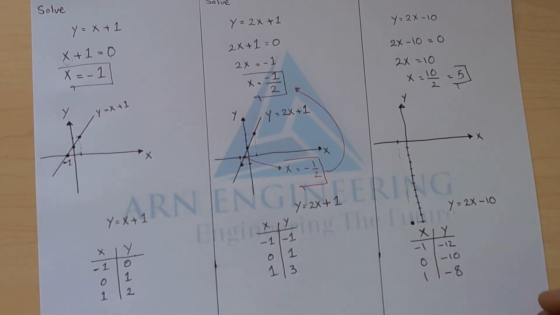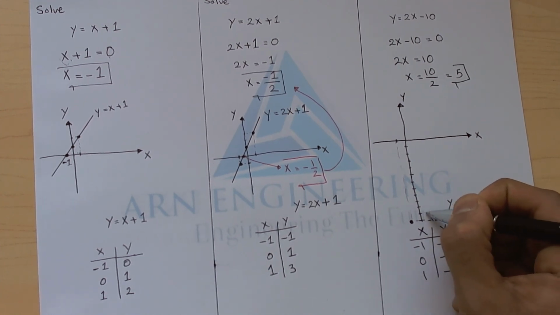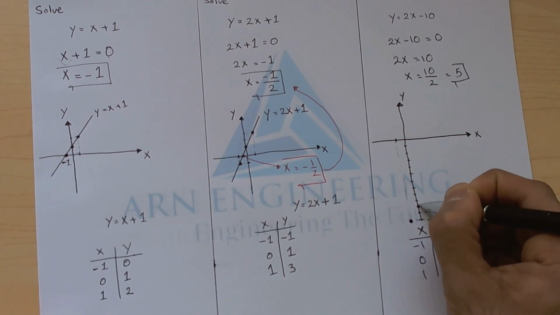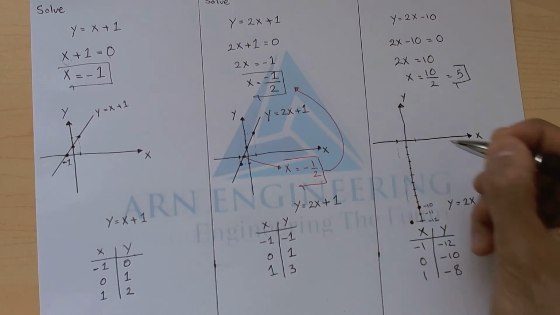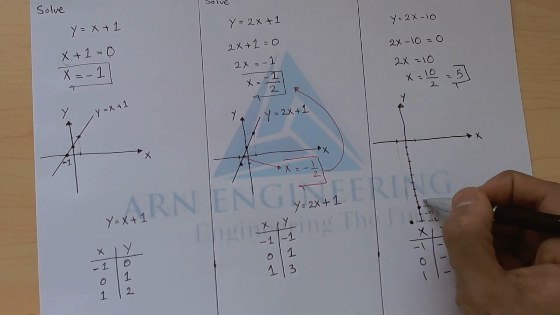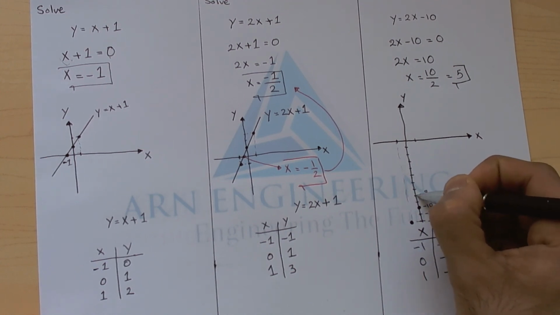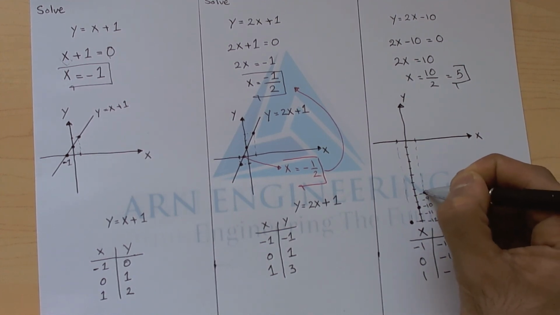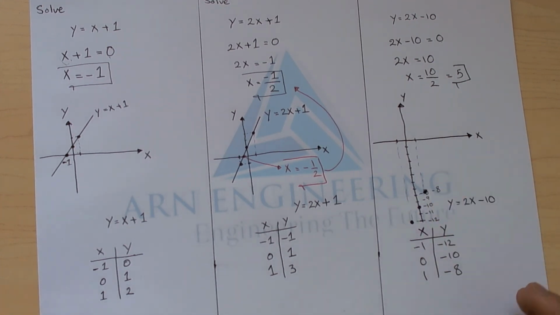When x is 0, it's -10. That's our second point. And when x is 1, it's -8. And this is our third point.